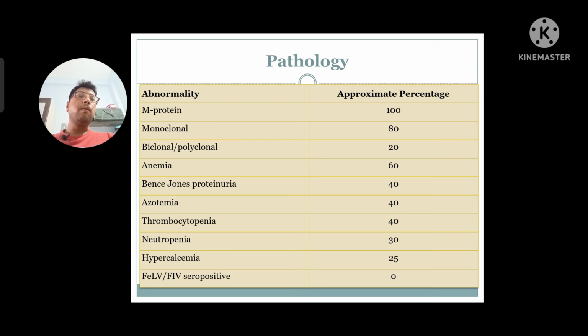There may be anemia, Bence-Jones proteinuria, azotemia, thrombocytopenia, neutropenia, hypercalcemia, and there is seronegativity for other diseases like feline immunodeficiency virus or feline infectious peritonitis virus.